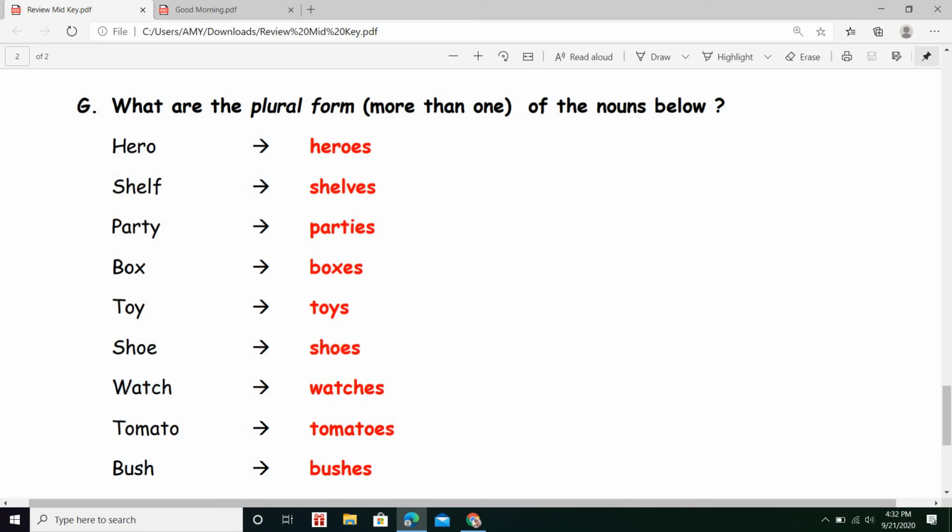Watch. The word watch ends with CH. So we put ES, and it becomes watches. Tomato. It's the same as hero. We simply add ES. So the plural form of tomato is tomatoes.